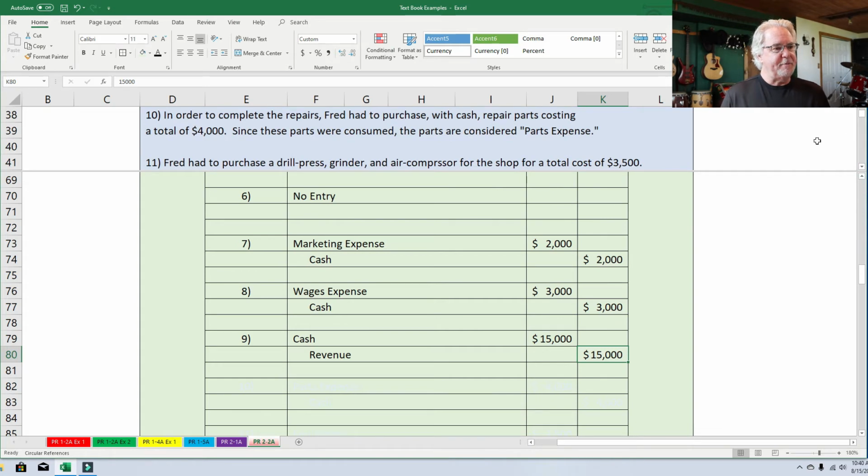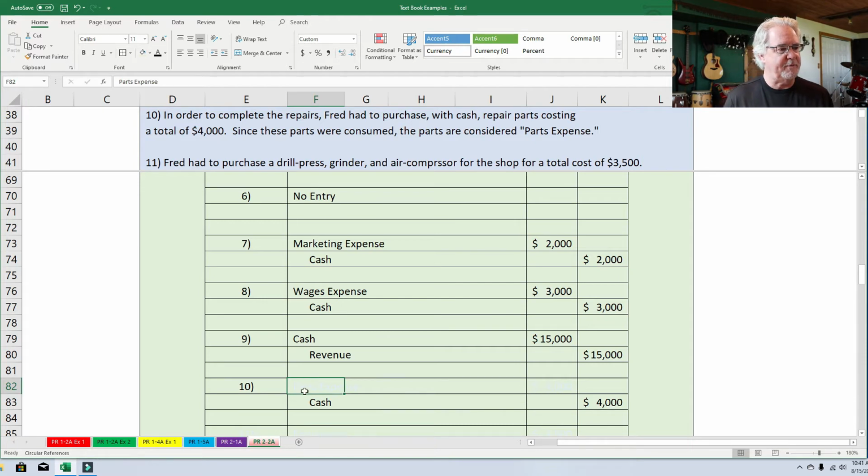In order to complete the repairs, Fred had to purchase with cash repair parts, costing a total of $4,000. So this is transaction 10. Now money is going out, so we are going to list cash second. I think by now you know that. Now we're going to call this parts expense.